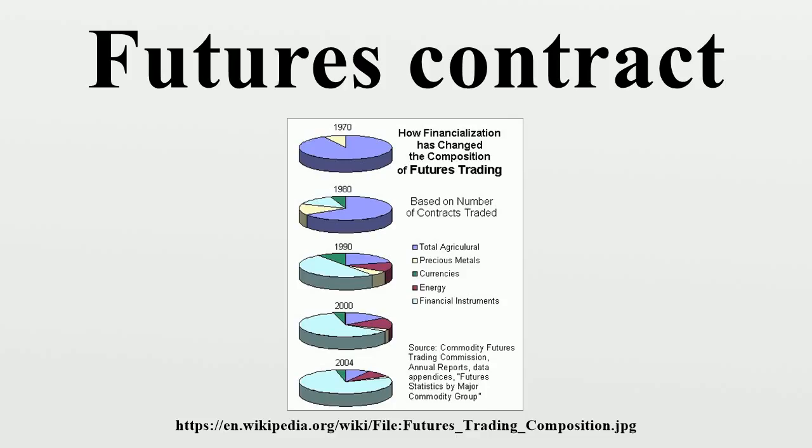Pricing: when the deliverable asset exists in plentiful supply, or may be freely created, then the price of a futures contract is determined via arbitrage arguments. This is typical for stock index futures, treasury bond futures, and futures on physical commodities when they are in supply.